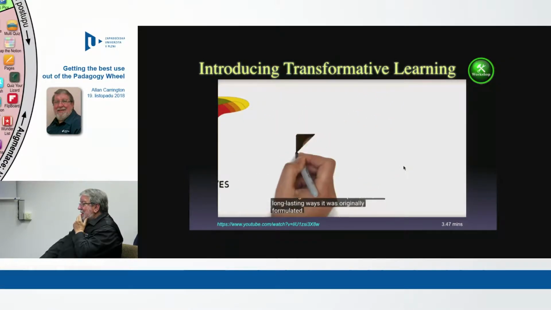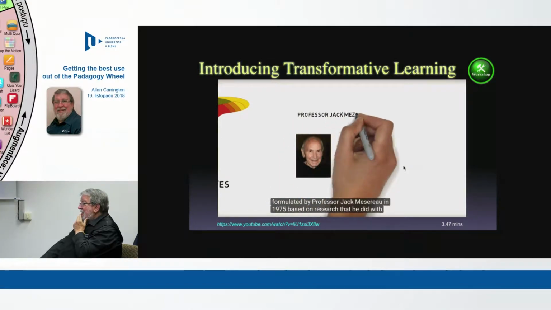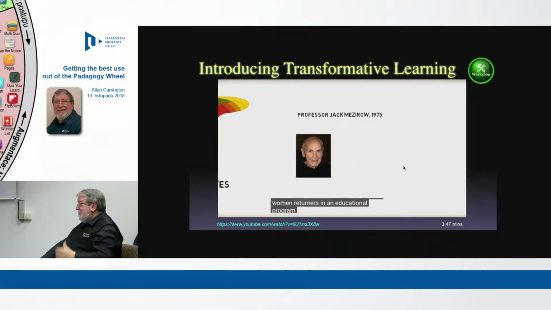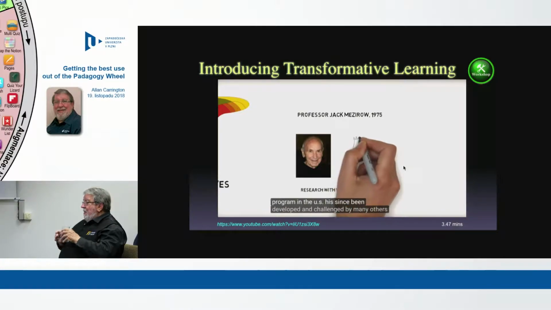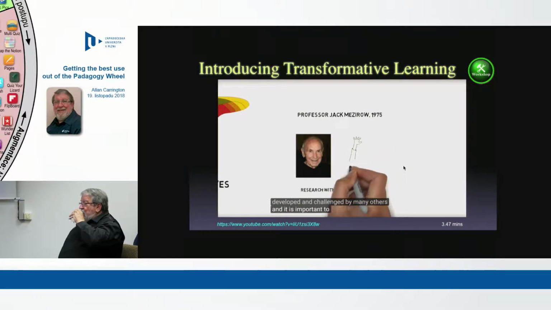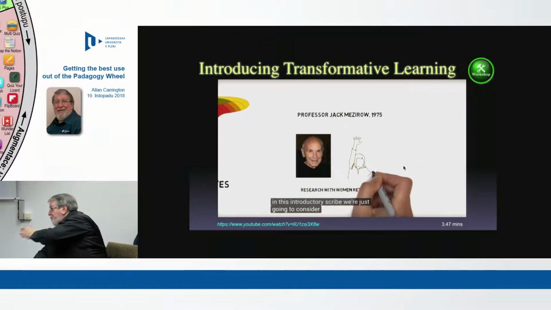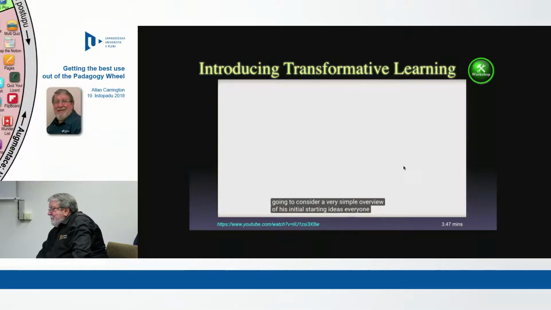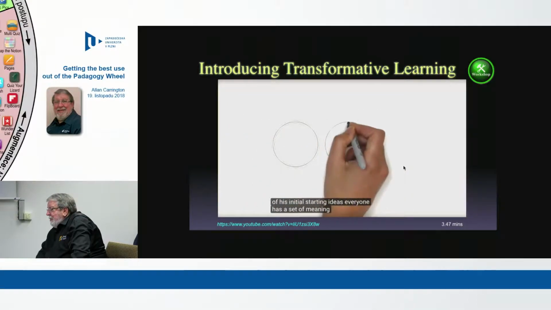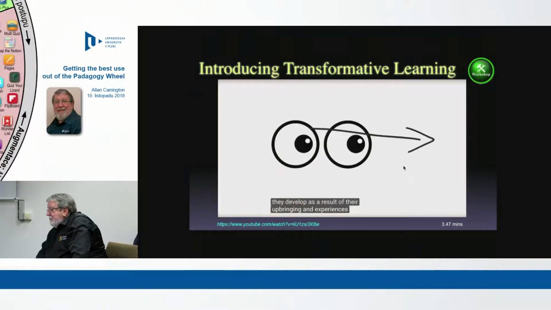It was originally formulated by Professor Jack Mezirow in 1975, based on research that he did with women returners in an educational programme in the US. It's since been developed and challenged by many others, and it is important to remember this. But in this introductory scribe, we're just going to consider a very simple overview of his initial starting ideas. Everyone has a set of meaning perspectives that they develop as a result of their upbringing and experiences.